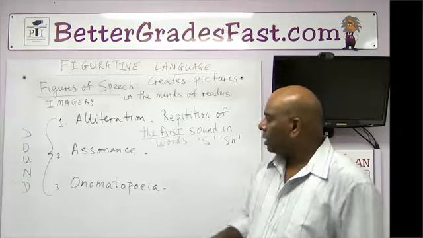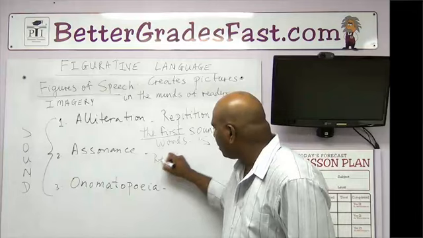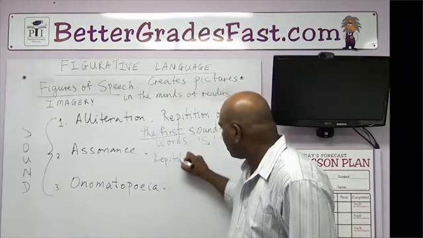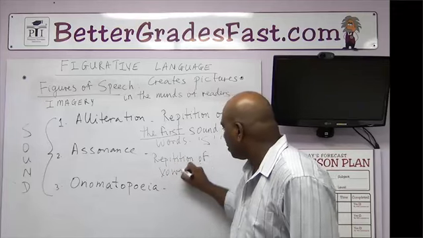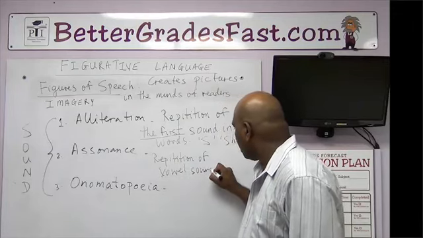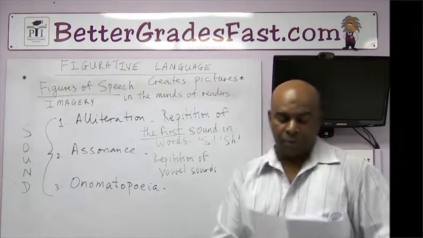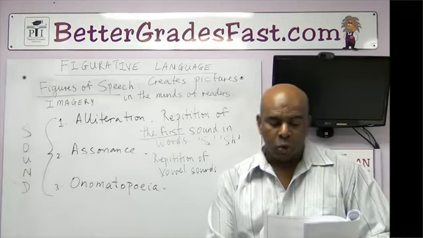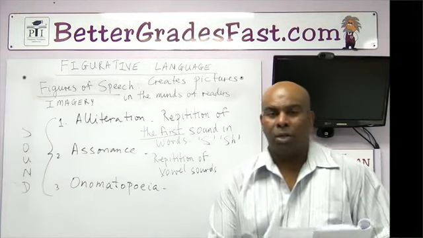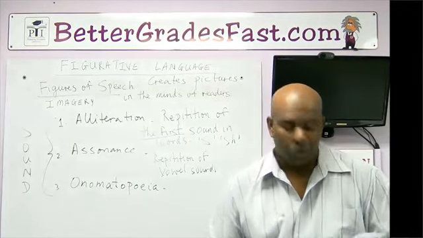Same thing with assonance. Assonance is the repetition of vowel sounds. In your workbook, I have a nice one here for you. Hear the mellow wedding bells, golden bells. What vowel sound is repeated there? The E sound.